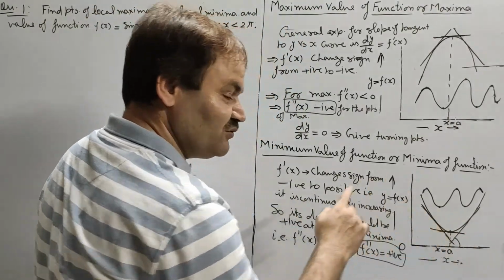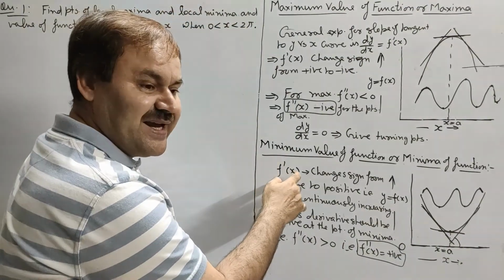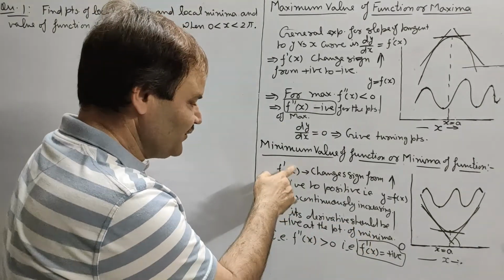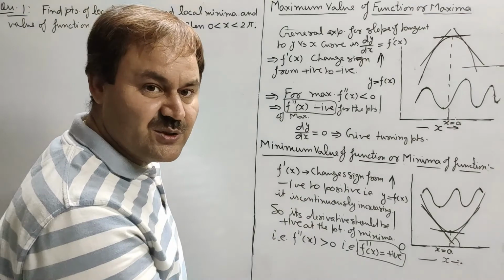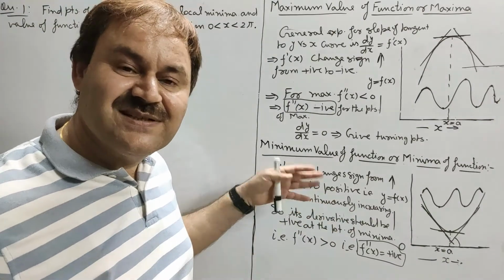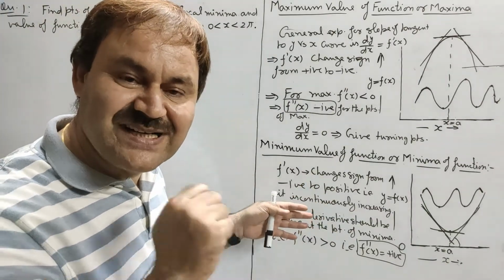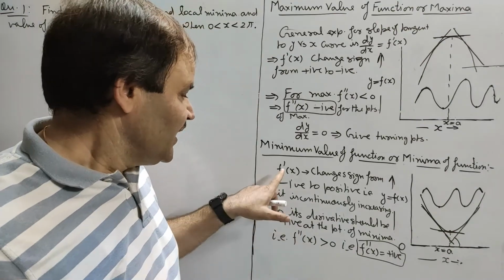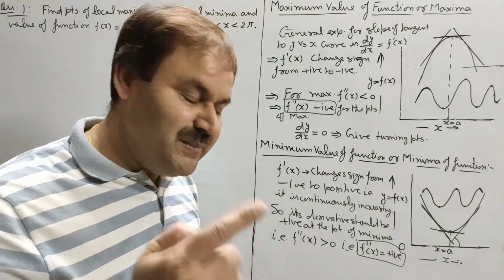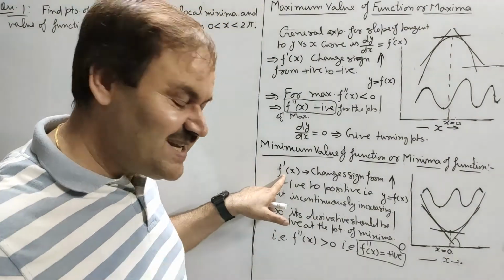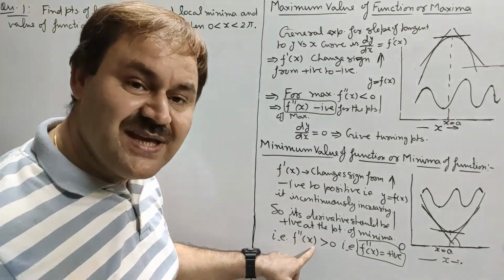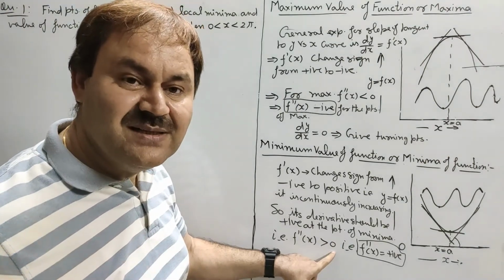So for a point of minima, f dash x being always increasing, the derivative of f dash x should be positive, because for an increasing function its differentiation should be positive, that is greater than 0. So for x equal to a to be the point of minima, the value of f double dash x at point a, we may also write f double dash a, should be greater than 0.